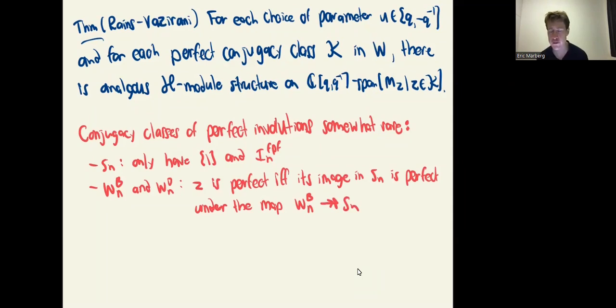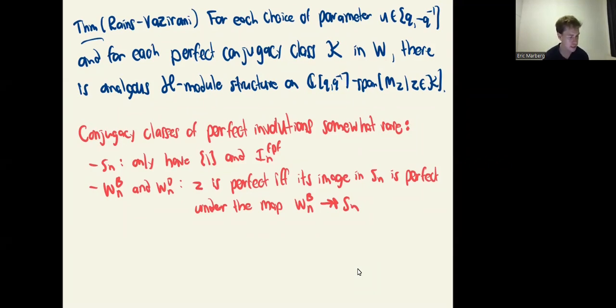So this is our natural surjection from the group of sign permutation matrices to ordinary permutation matrices.